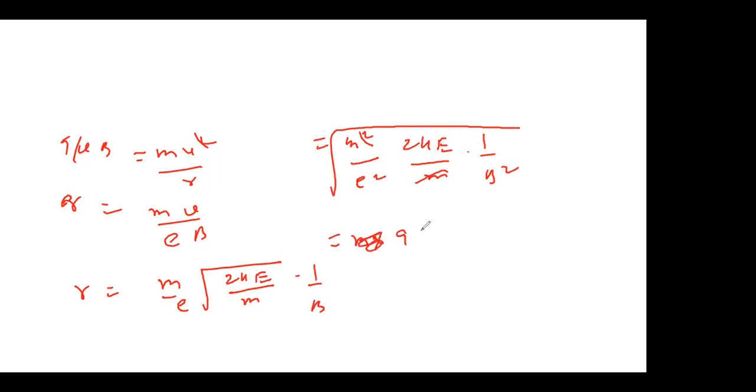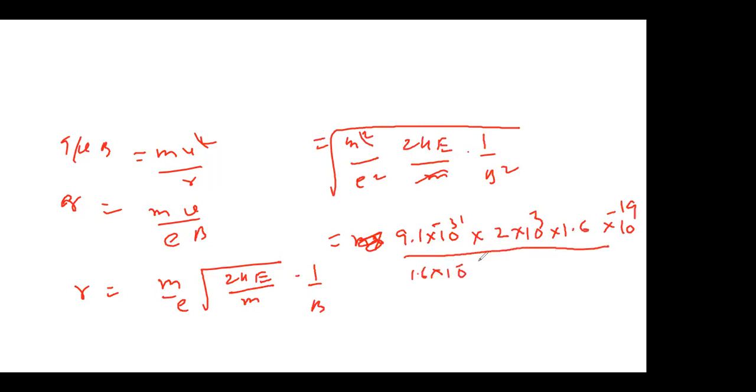Mass is 9.1 into 10 raised to minus 31 into 2. That is 2, I think I left. Kinetic energy is 1 kilo electron volt, 10 raised to 3, 1.6 into 10 raised to minus 19, upon E square, 1.6 into 10 raised to minus 19. Next E I can cancel with just 10 raised to minus 19 into B square. B is given 3 milli, so 9 into 10 raised to minus 6 is whole thing.